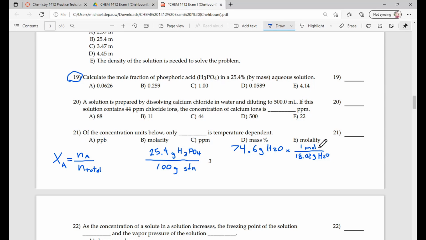I did too, it's okay. And then we can do the same thing for the phosphoric acid. 25.4 grams of H3PO4.